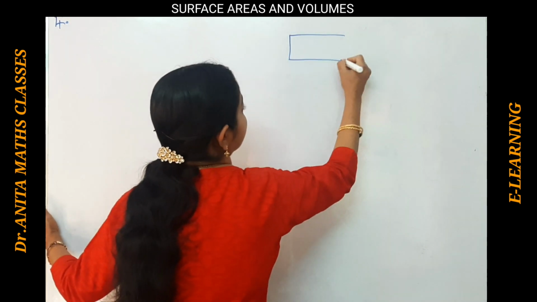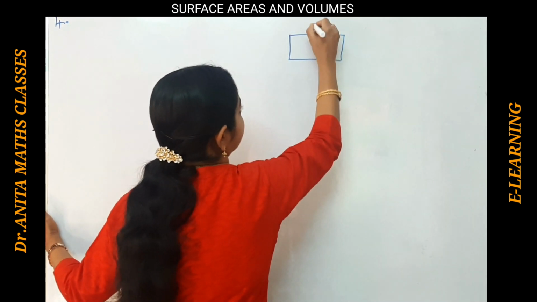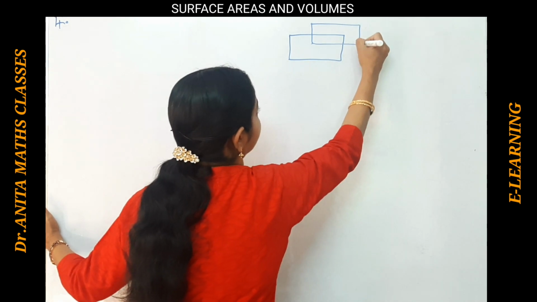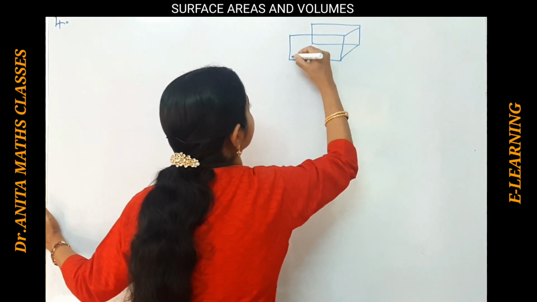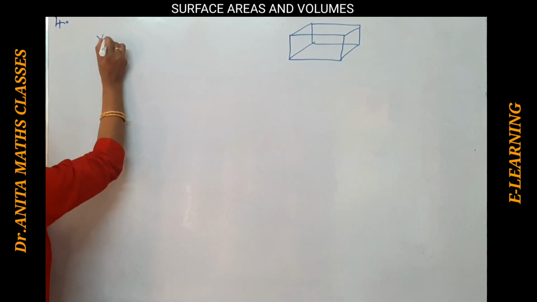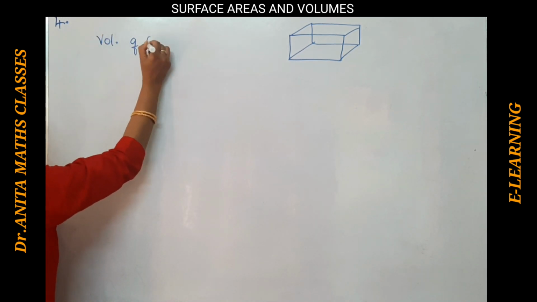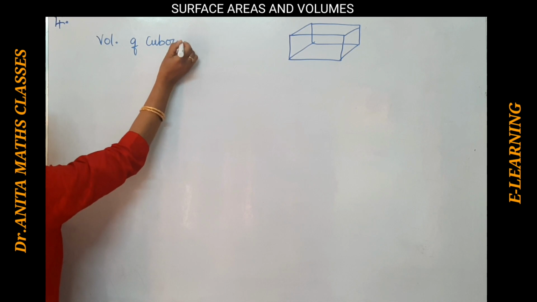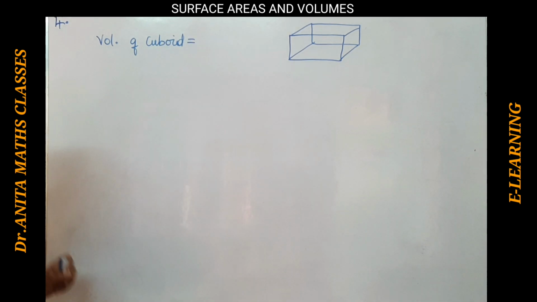Always in mensuration, that is in surface areas and volumes, do draw the diagram if it is not given. Here the volume of the cuboid is given as in the textbook.